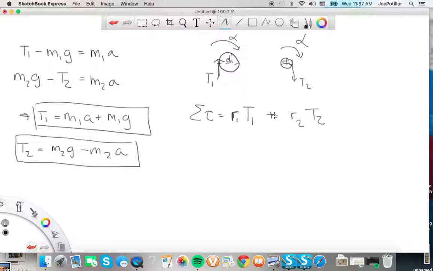We're given the diameter. So we know that the radius is, of course, the diameter divided by 2. So it's d1 divided by 2 times T1 plus d2 divided by 2 times T2. And that's our sum of torque. Okay. T1 and T2 we know from here, so we can get away with it and plug it in.